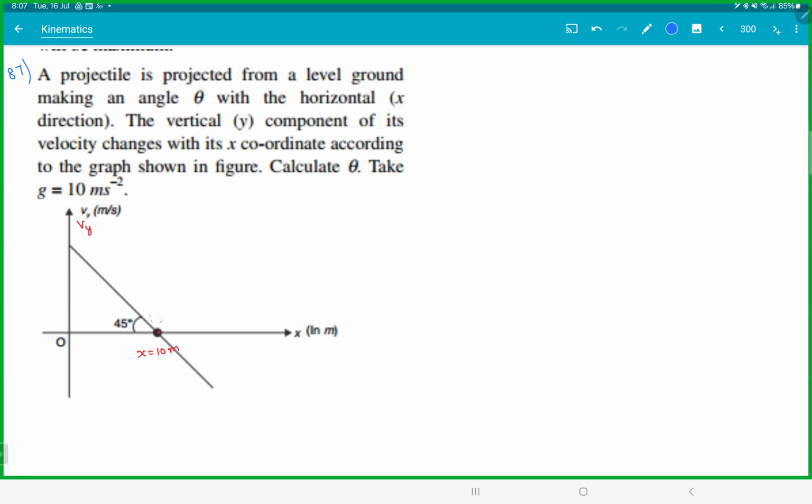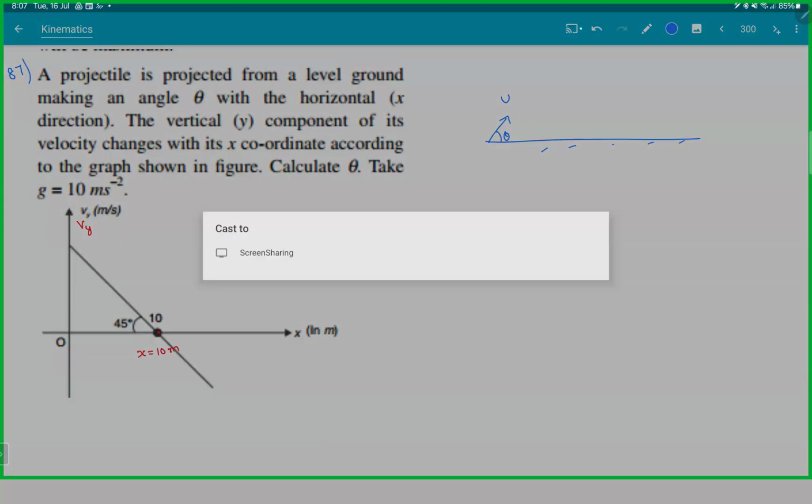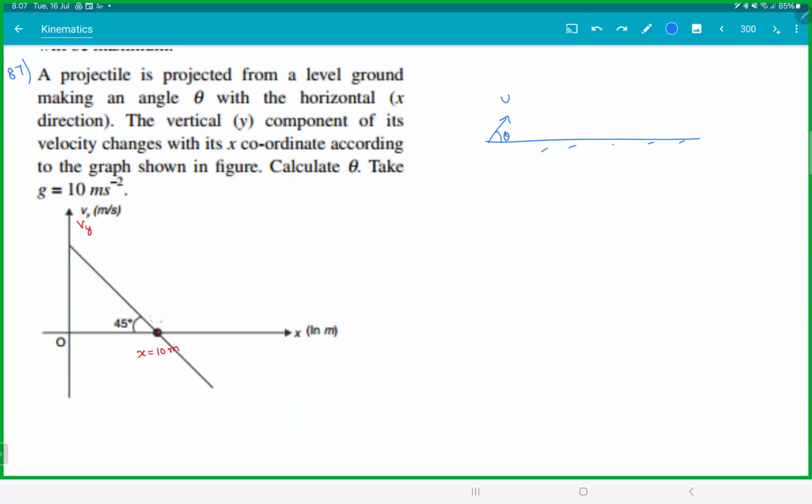Let's see. So, try to understand from the data here. The particle is projected with u at angle theta. The first thing, this is 45 degrees. That means this height is also 10. So initially uy, from here we can figure out uy is 10 meter per second.